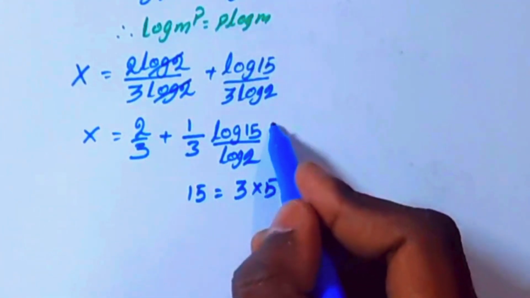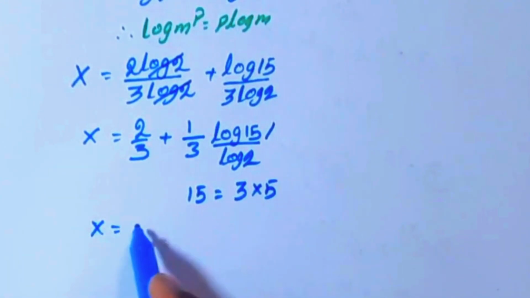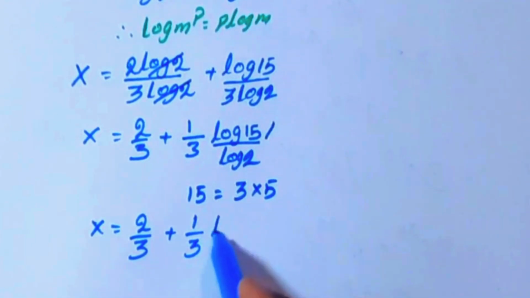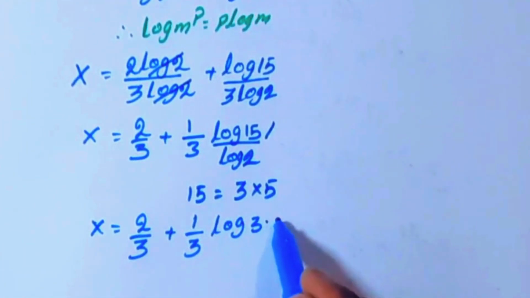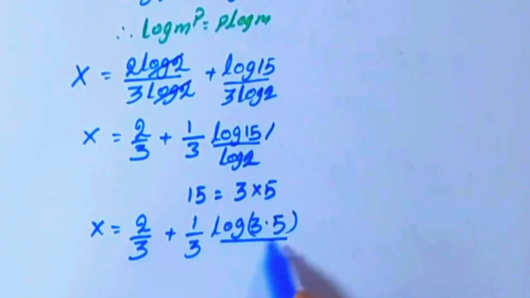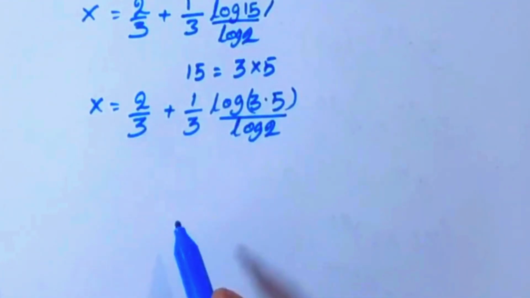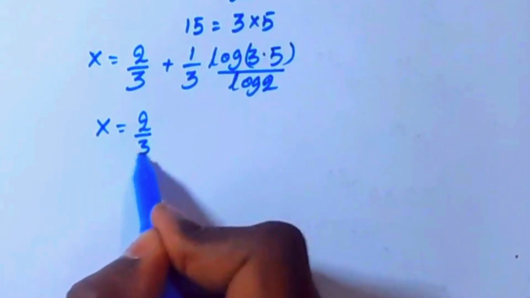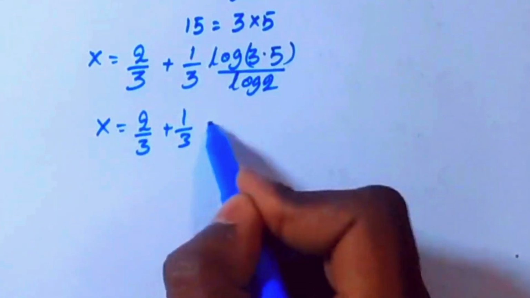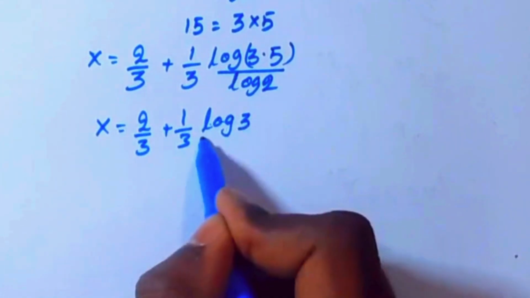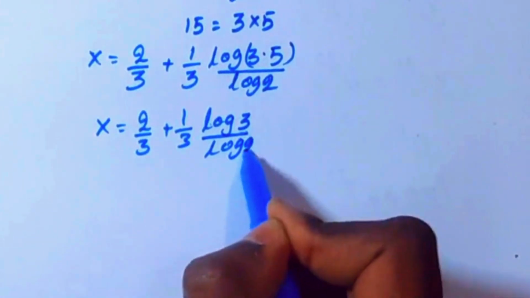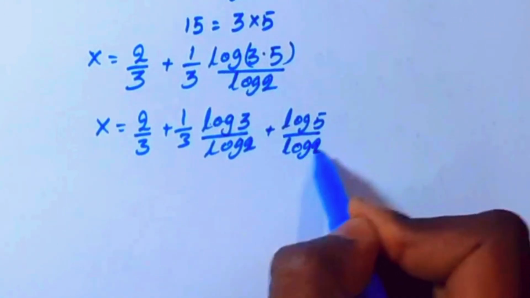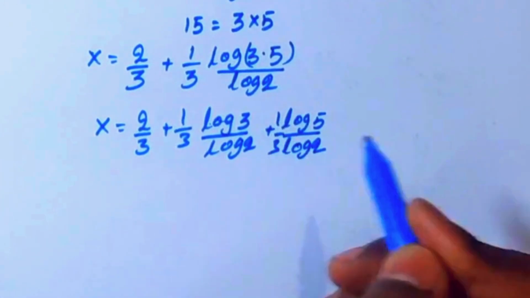So we are going to implement this here. So x equal to 2 by 3 plus 1 by 3 times log of 3 times 5 by log 2. Now as per the log product formula, this can be written as x equal to 2 by 3 plus 1 by 3 times log 3 by log 2 plus log 5 by log 2. Here also 1 by 3.